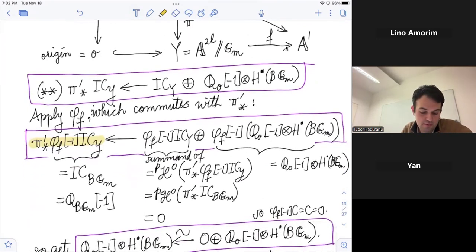Here we already used that vanishing cycles commute with push forward. F has critical locus just the origin, so this is just IC of BGM. BGM has dimension -1, so it is just the constant sheaf on BGM shifted by -1.